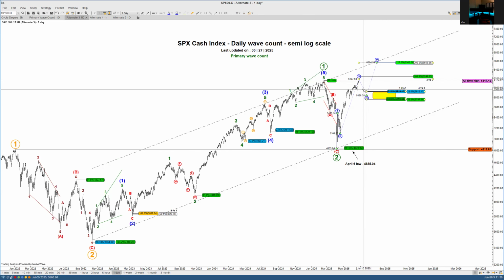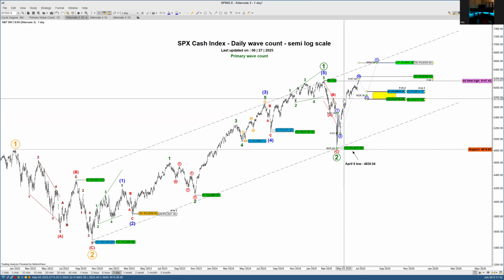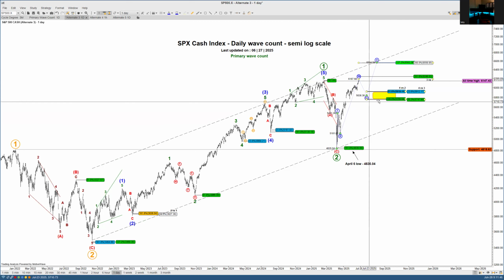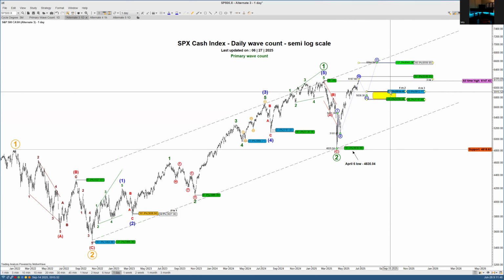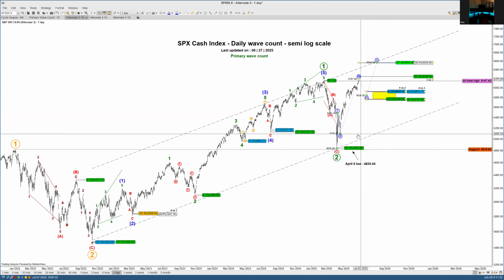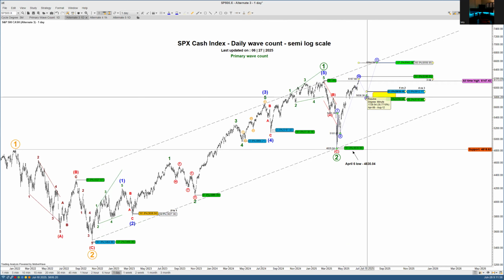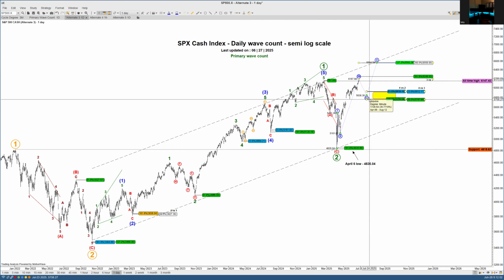So when you compare a correction to a correction, not a correction to an impulsive wave, that's why 4 versus 2 is 61.8 and 100%. 100% means the distance traveled in wave 2 will be exactly the same distance traveled in wave 4. That's the typical downside retracement for wave 4, the relationship.